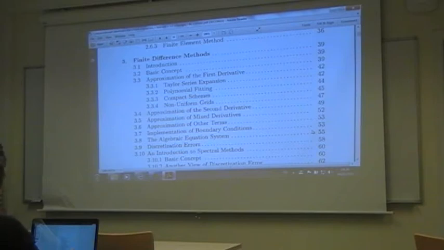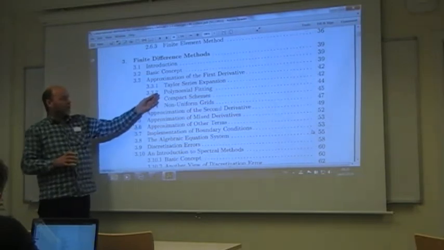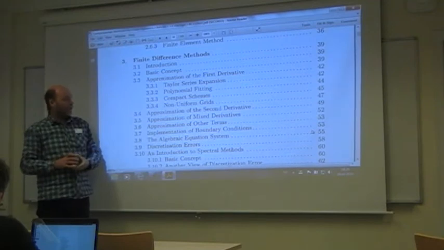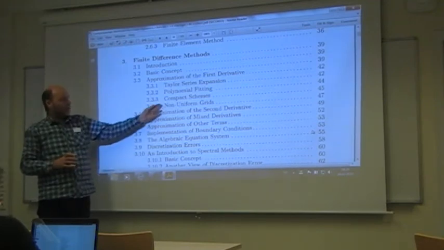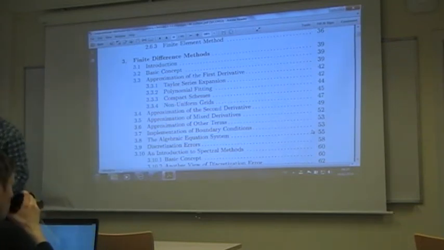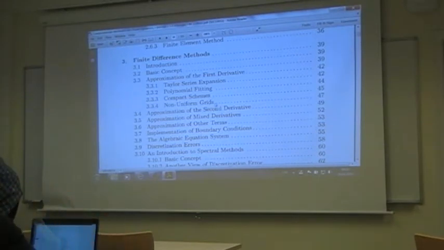He has some polynomial fittings, some other schemes than just Taylor series. That can be worth just a peek. I haven't spoken too much about non-uniform meshes. Of course, the methods, finite difference does apply there as well. You just have to do a lot of bookkeeping.